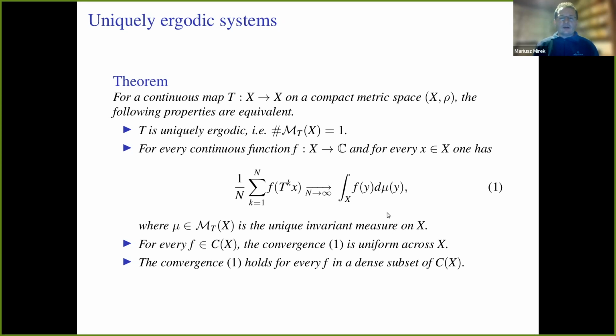In particular, this convergence says that the orbits of x are uniformly distributed in our compact metric space.